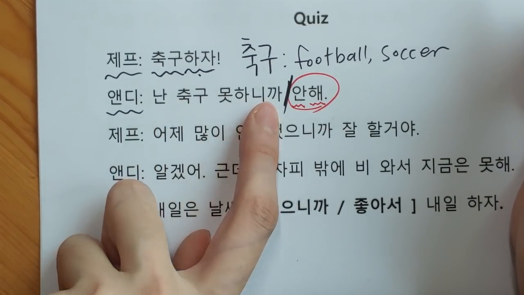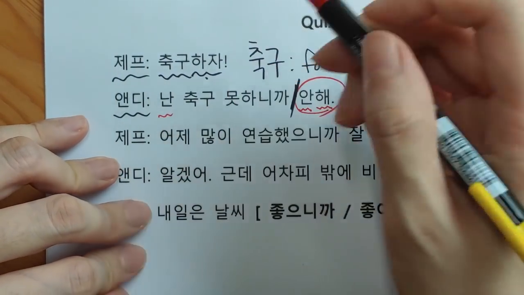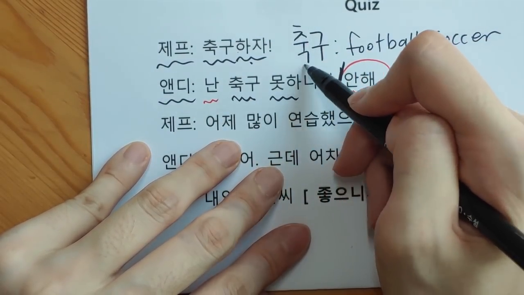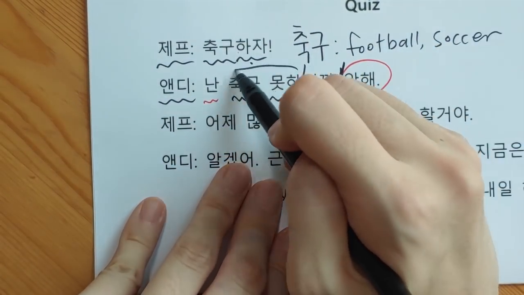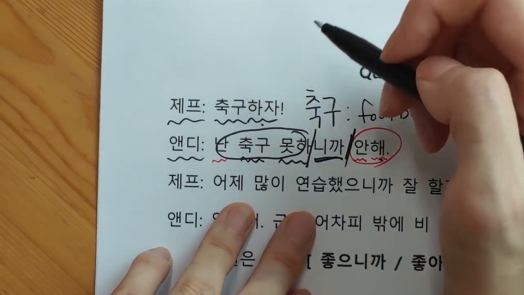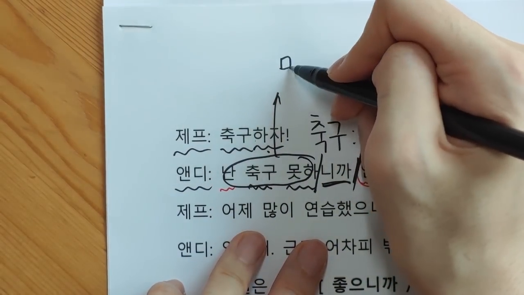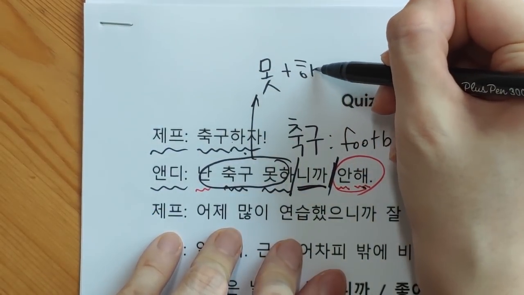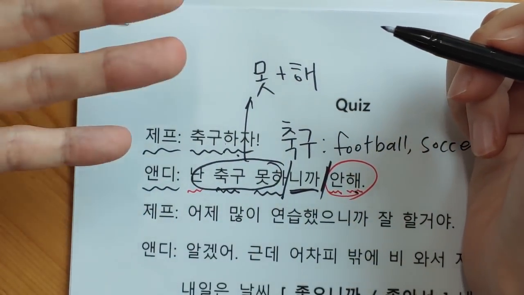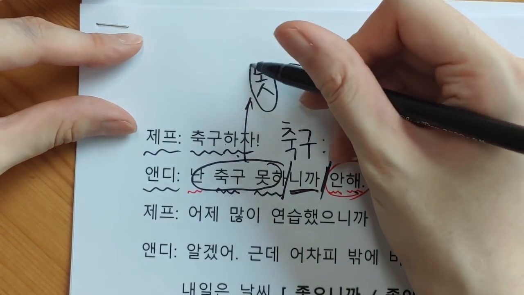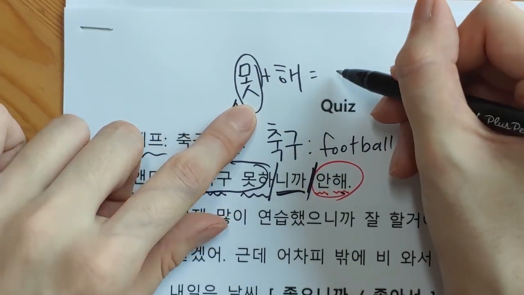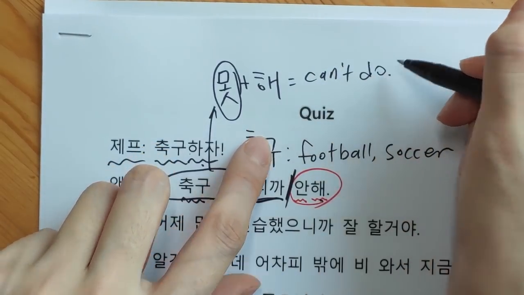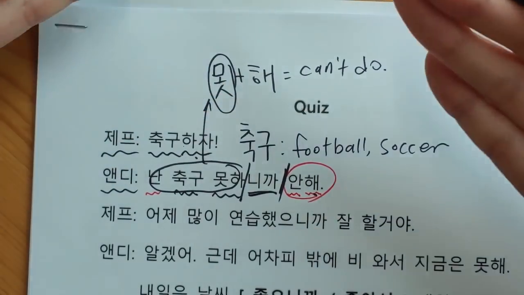난 축구 못하니까. So this is the reason for him not playing soccer. So we learned that 못 is also a negation of the verb, but it more implies the inability, right? So 못해 doesn't mean don't do, but it more means can't do, or I'm not good at something.